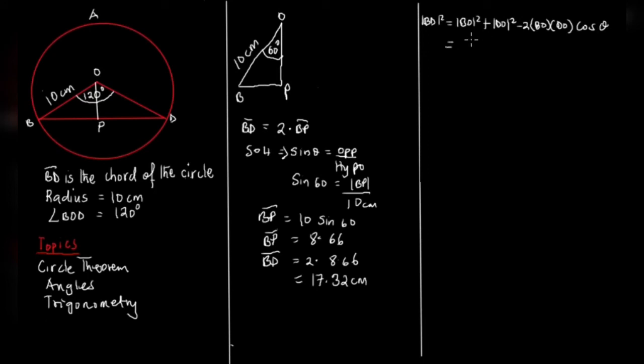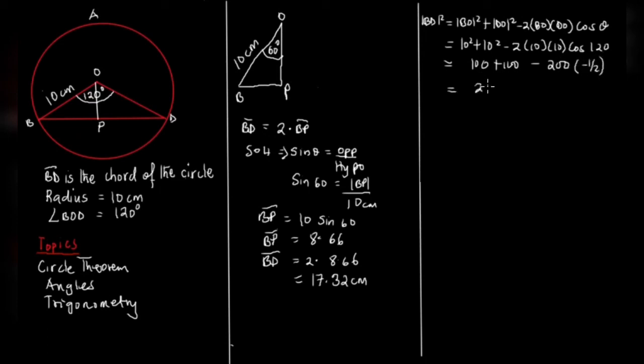So in this scenario, we are going to have BD squared equal to 10 squared plus 10 squared minus 2 times 10 times 10 cosine of 120 degrees. So we are going to have 100 plus 100, which is 200, minus 200, and then we have cos 120 to be negative half.